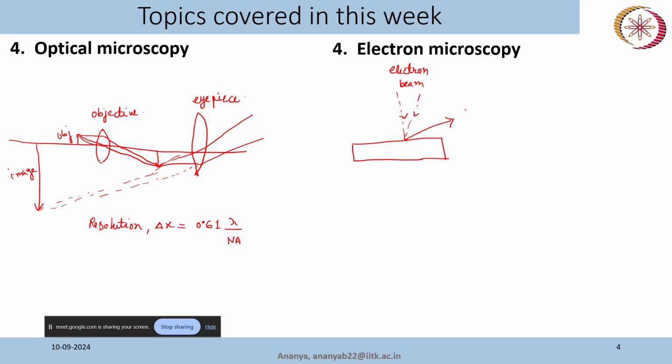There will be some secondary electrons, and there will be some backscattered electrons, and there will be some transmitted electrons.